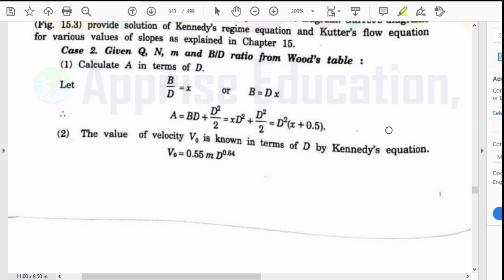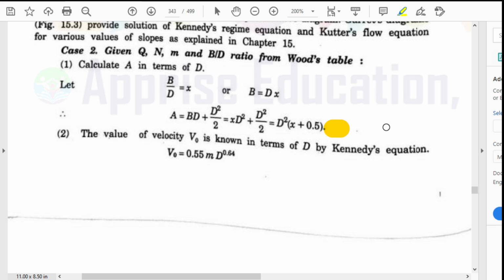As this is a trapezoidal section, the area equation is BD plus D square by 2. So use this equation and substitute D x instead of B. You will get the value of area in terms of depth.